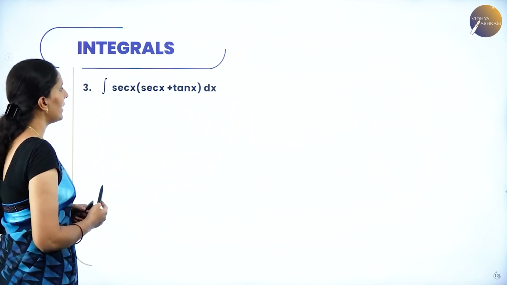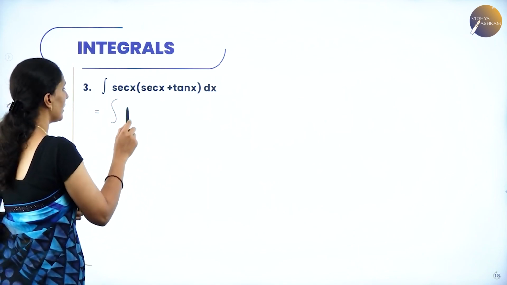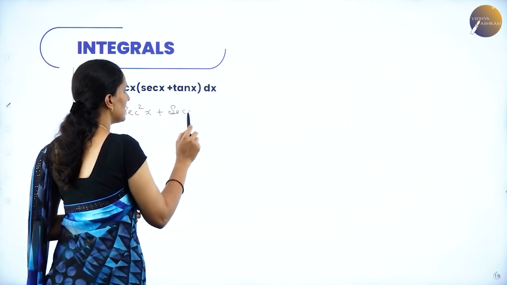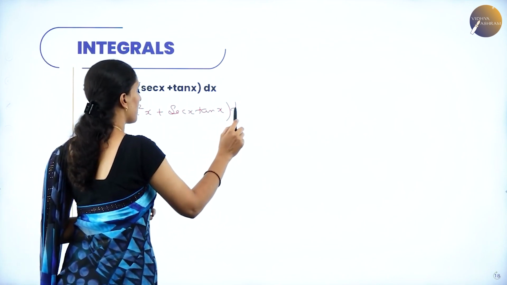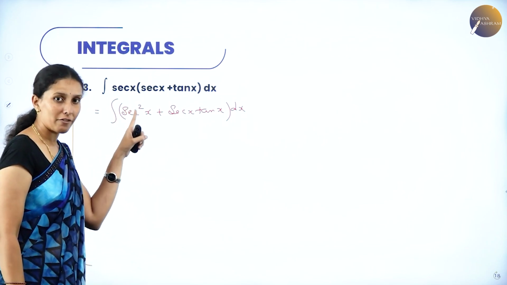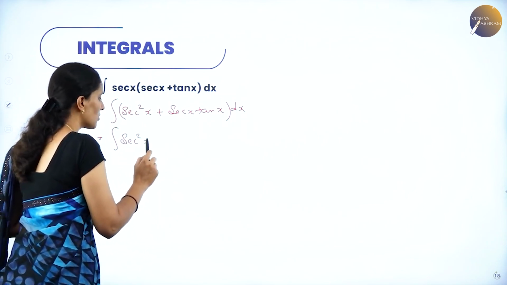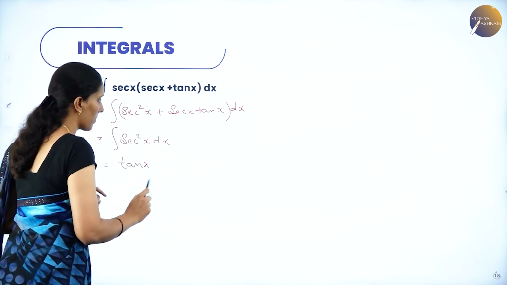Next, secant x into secant x plus tan x. Let us write this. Integration of secant square x plus secant x tan x dx. Secant square x is the derivative of tan function. Therefore, integration of secant square x dx can be written as tan x.